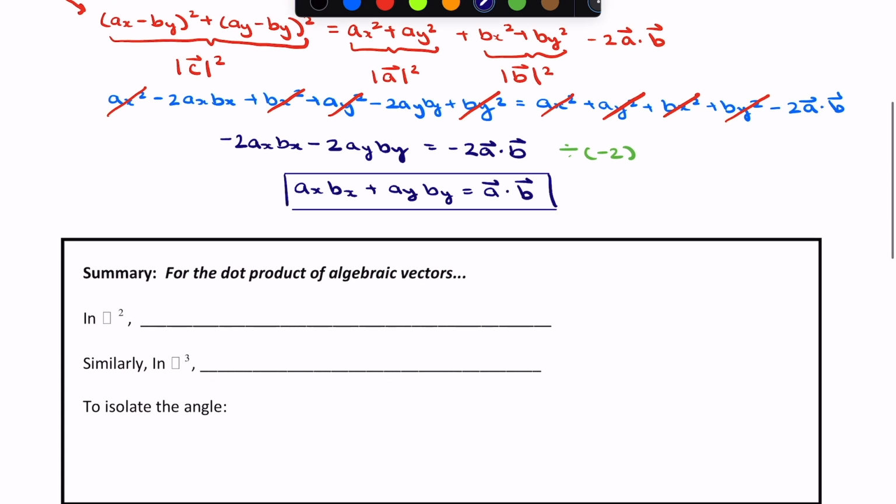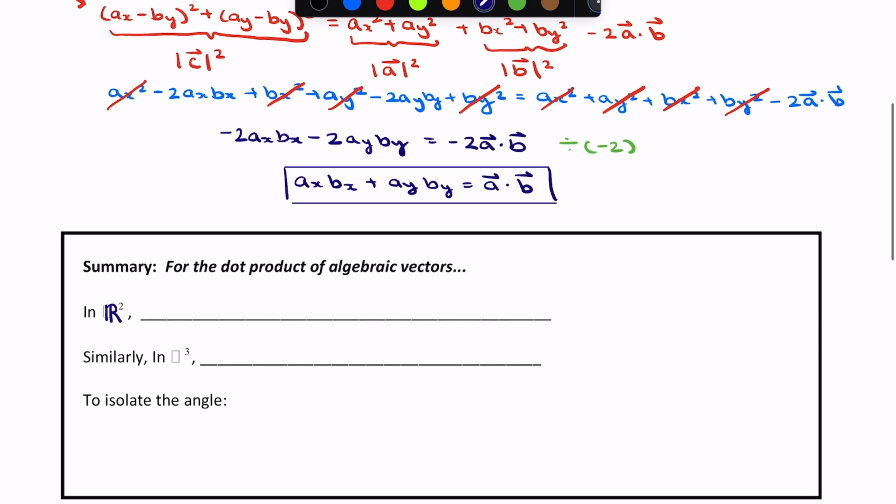So in summary, again, what's important? In 2 space, or R squared, the dot product of vector A times vector B is equal to ax bx plus ay by.